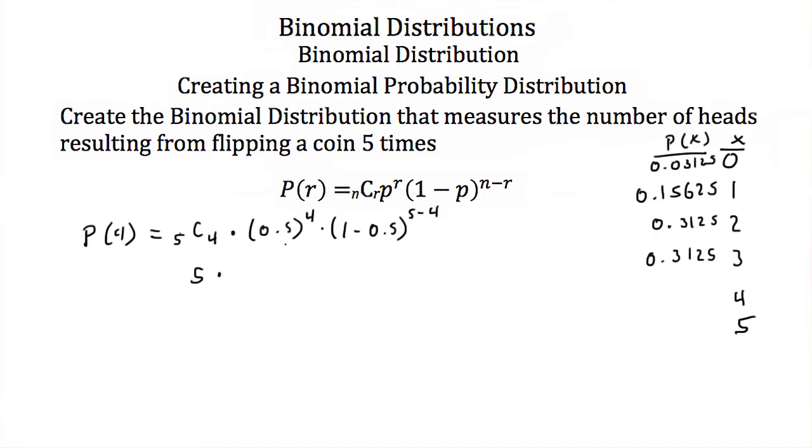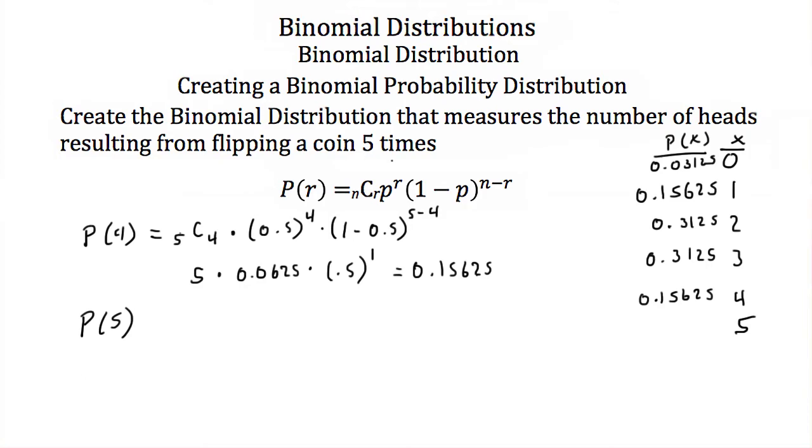That's equal to 0.0625 times 1 minus 0.5, which is 0.5, to the 5 minus 4 power, or the 1st power. Multiply all these together, and that's equal to 0.15625. So the probability of getting 4 heads is 0.15625.